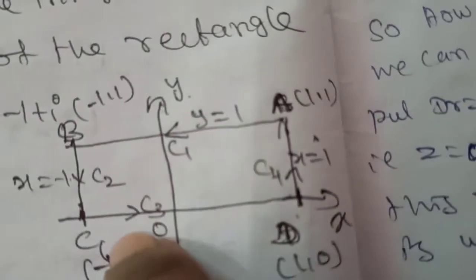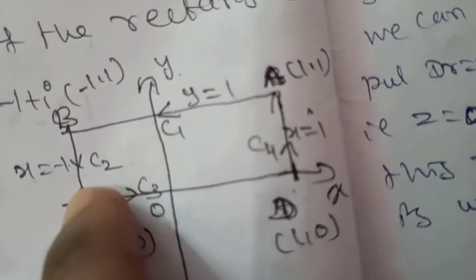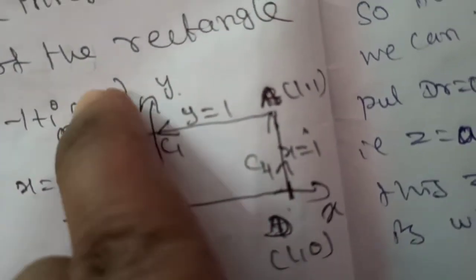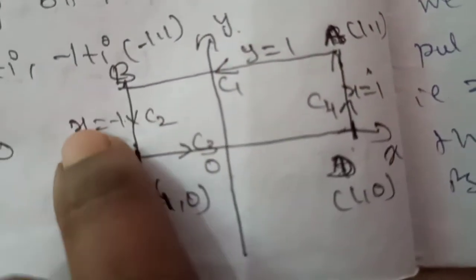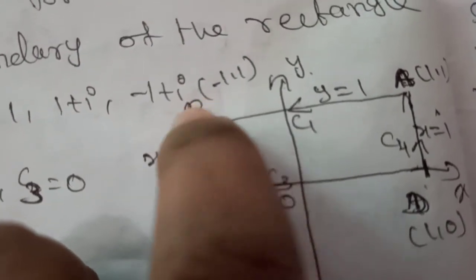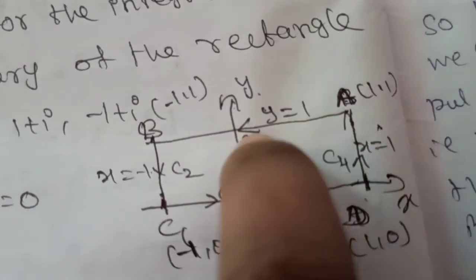How to draw the diagram? Draw the x-axis and y-axis. On the real axis, plus 1 and minus 1 are given, so you draw a straight line at x equal to 1 and another at x equal to minus 1. Then for the y value, the coefficient is 1, so you draw the straight line y equal to 1.